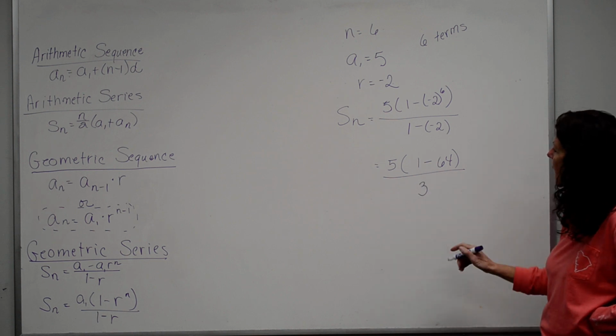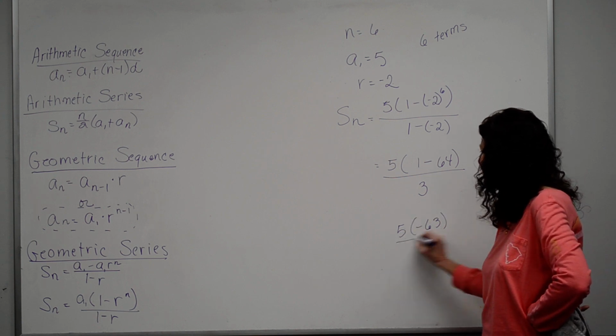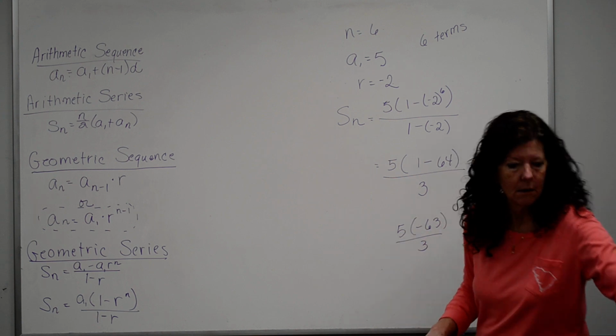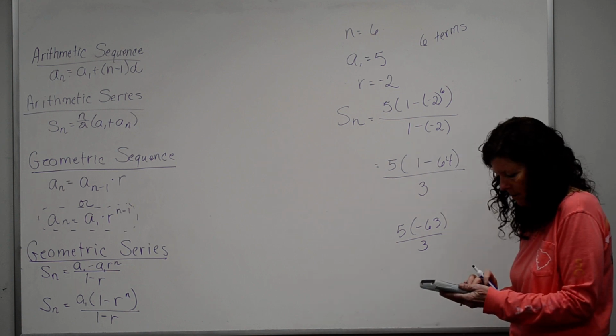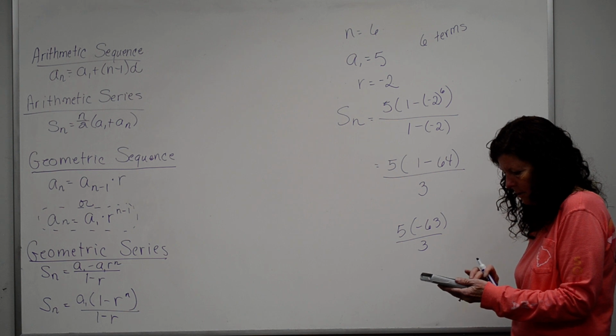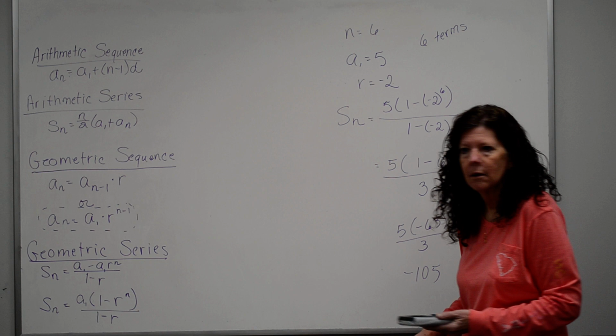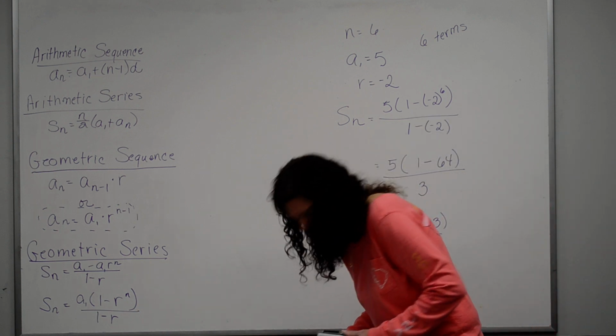So basically what I have is 5 times negative 63 divided by 3. And I should have negative 105. Okay? Yes, no, maybe?